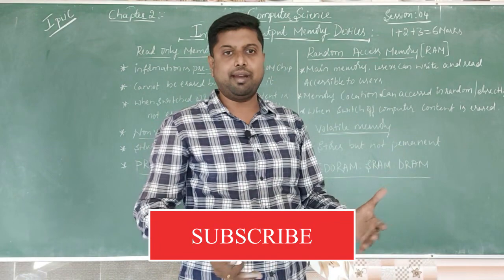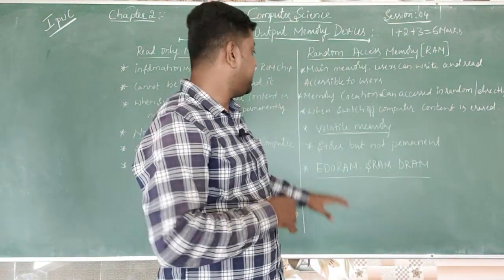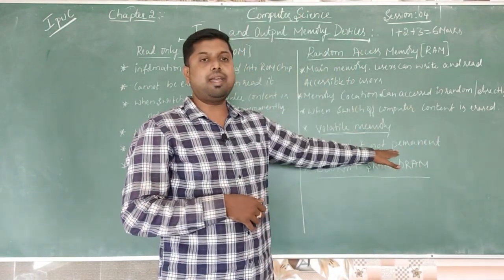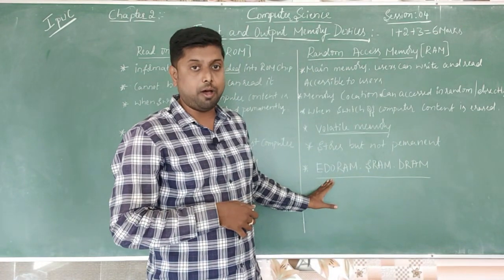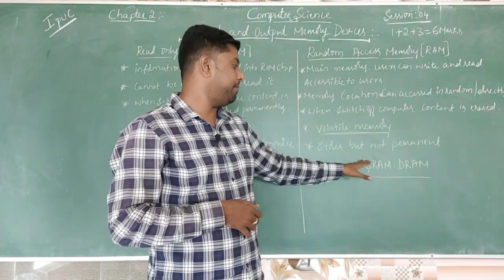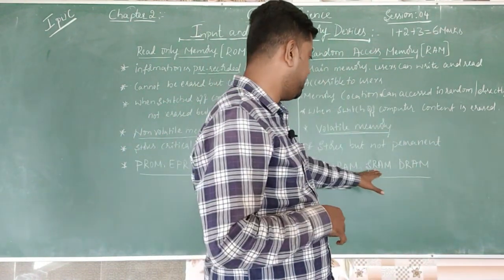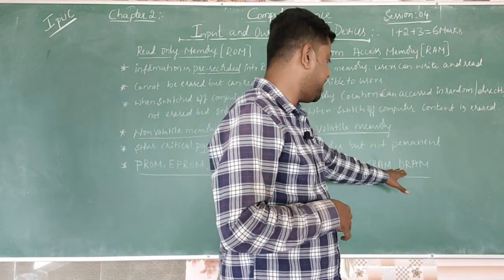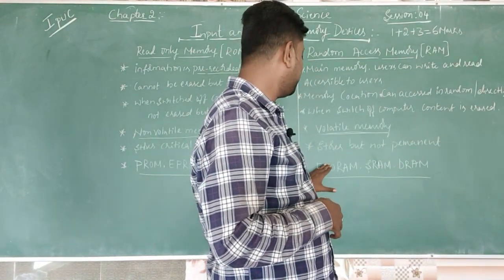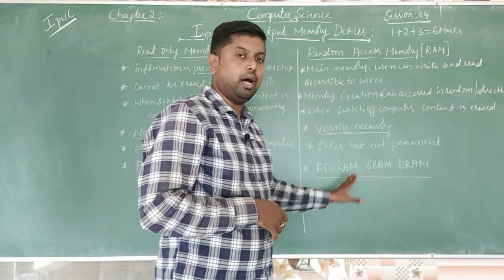Volatile means that after completing your work, when you switch off the computer, the memory goes off. The data is stored, but not permanently. Examples for random access memory are EDO RAM, SRAM and DRAM: dynamic random access memory, static random access memory, and EDO, extended data output random access memory.